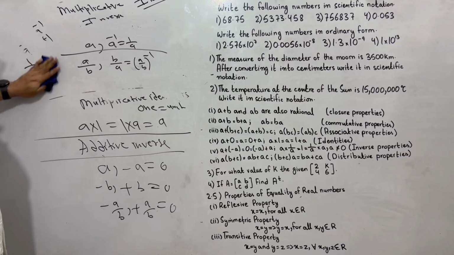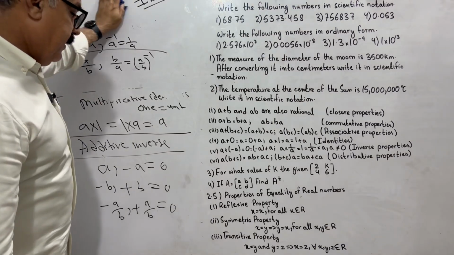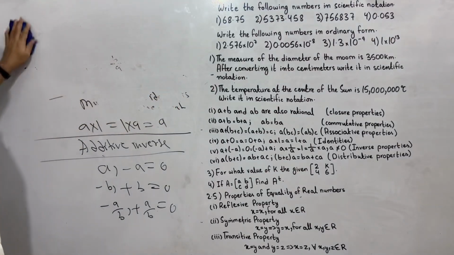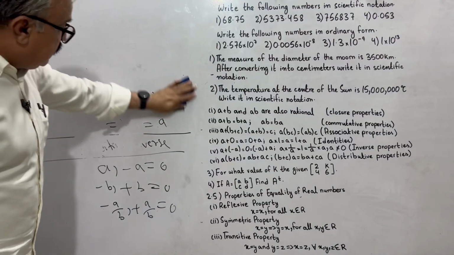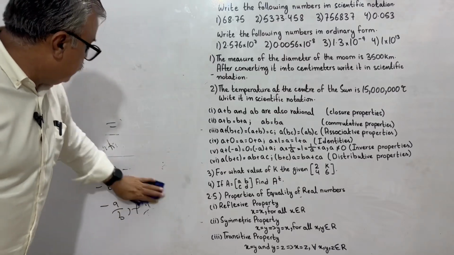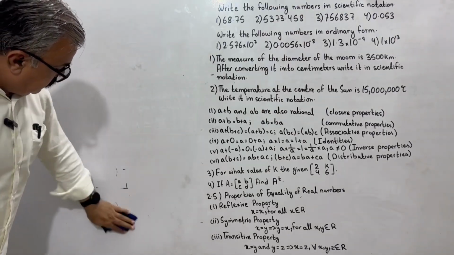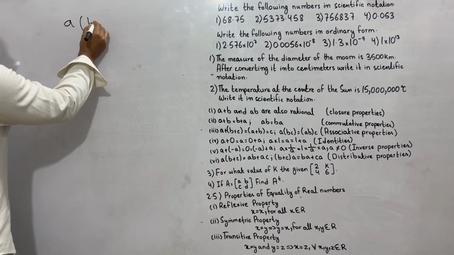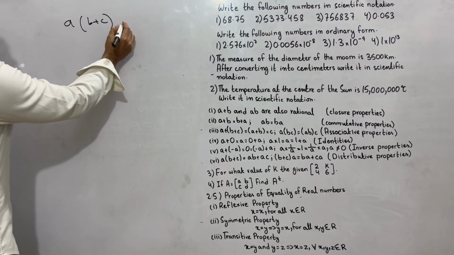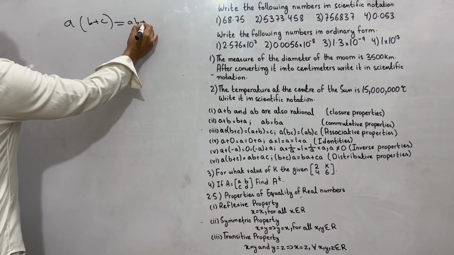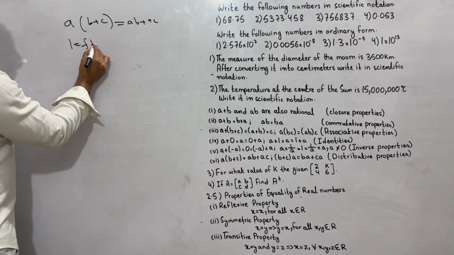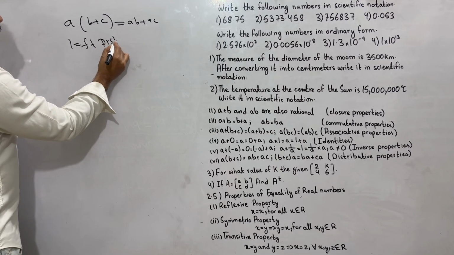Distributive law, the final property. There are also reflexive, symmetric, transitive, and trichotomy laws; they are still remaining. What do you mean by distributive property? A times (B plus C), we can multiply throughout by A. This is known as the left distributive law, or simply distributive law.